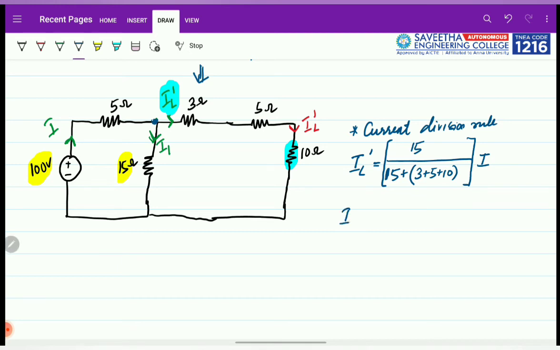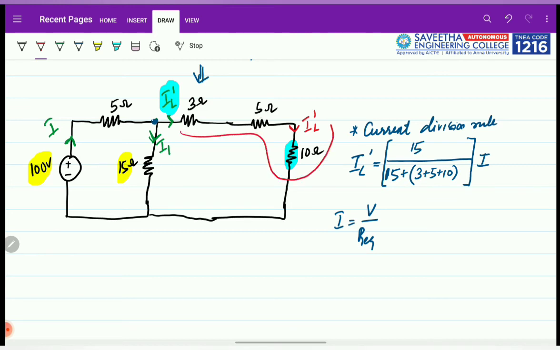So here the main current is given as, sorry, this is not IL, this is just I. In order to find I, we should know the voltage divided by the equivalent resistance. The voltage value is 100 volt, I know that, but we need to find the equivalent resistance. In order to find it, we will be solving it together. So it is known that this 5 ohm, 10 ohm and 3 ohm are all in series.